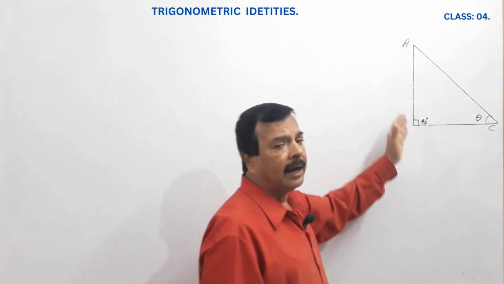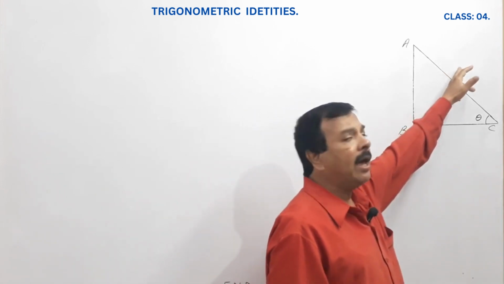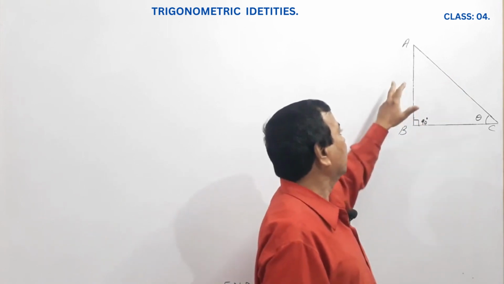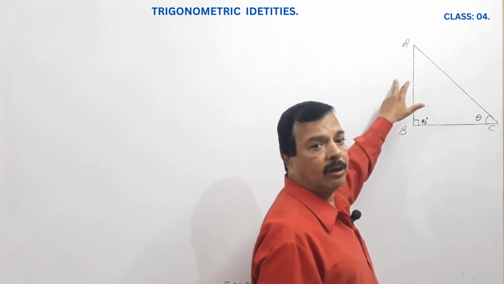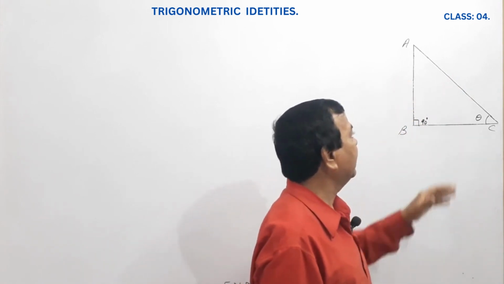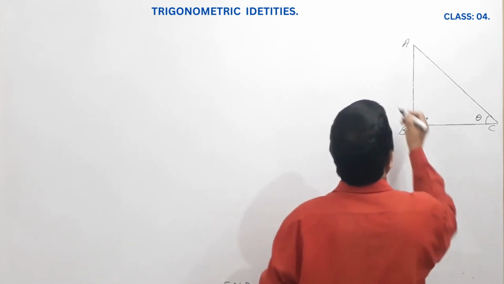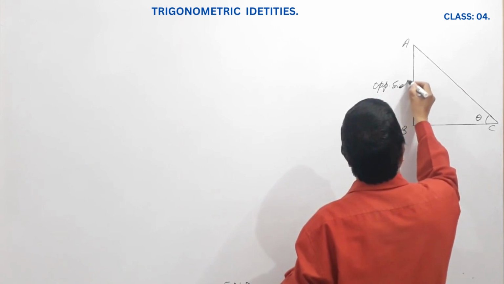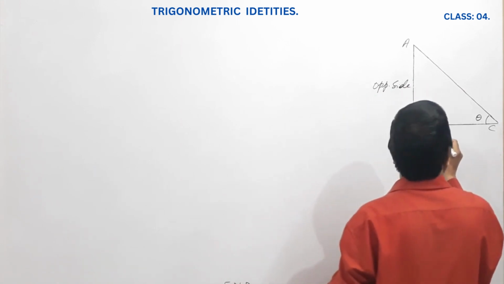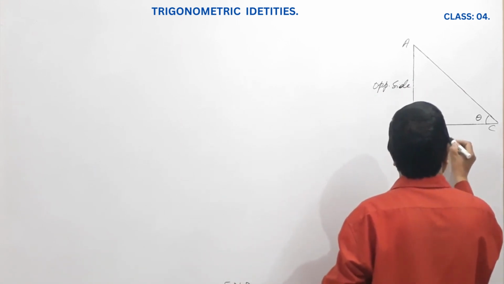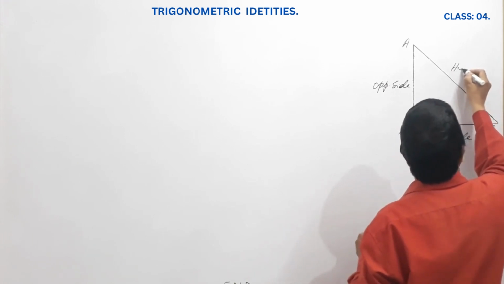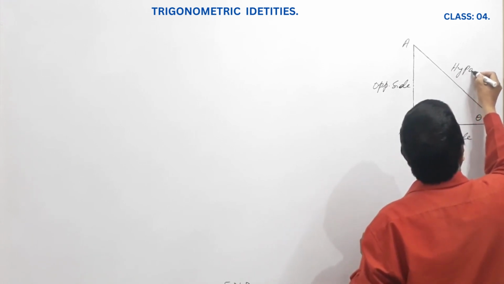In a right angle triangle, the square on the hypotenuse is equal to the sum of the squares of the opposite two sides. That is, if I call this as opposite side, and this is adjacent side, and this is our hypotenuse.